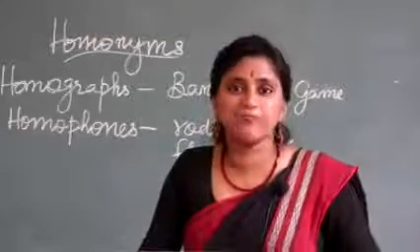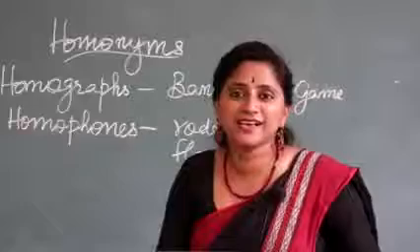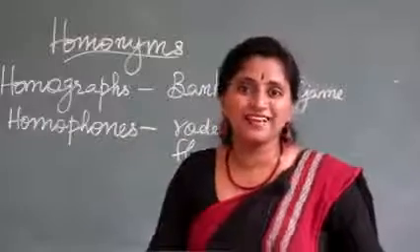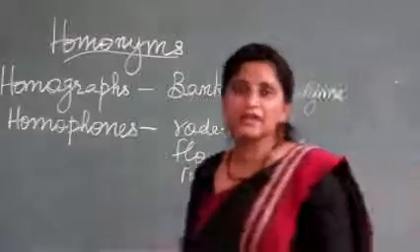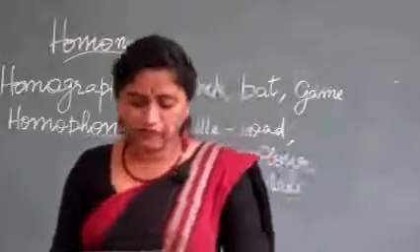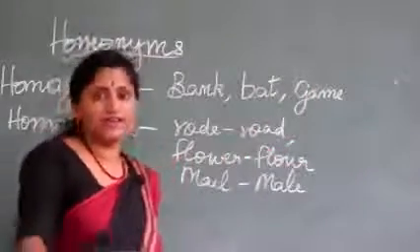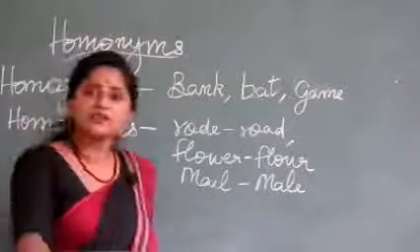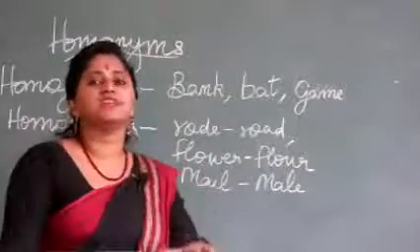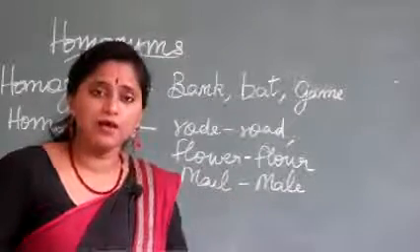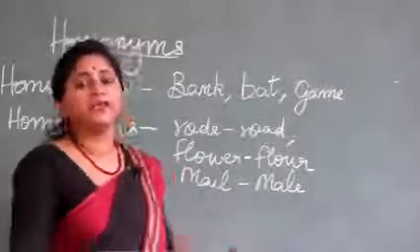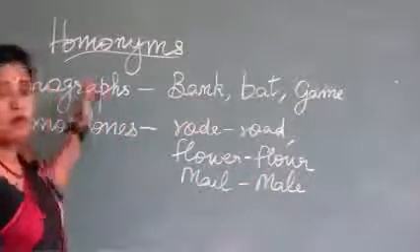One is bat, the cricket bat. The other one is Batman. Here again we have another such example, game, and a few more like tier. So these are the words in which the graphic representation is the same and the pronunciation is also the same, whereas the meaning is different. We can call them homographs.